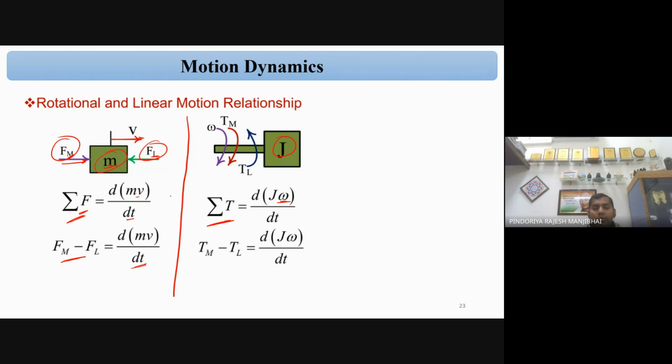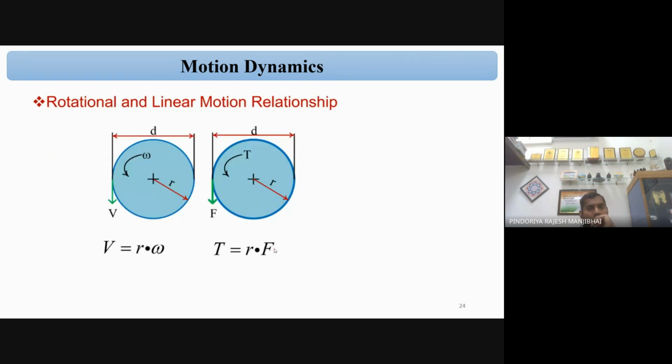We just replace m with J, and v is velocity, but here v becomes omega. So finally you get the torque Tm minus TL, because this is the total load torque, and the total torque is Tm minus TL, equal to d(J omega) by dt. Okay, done.